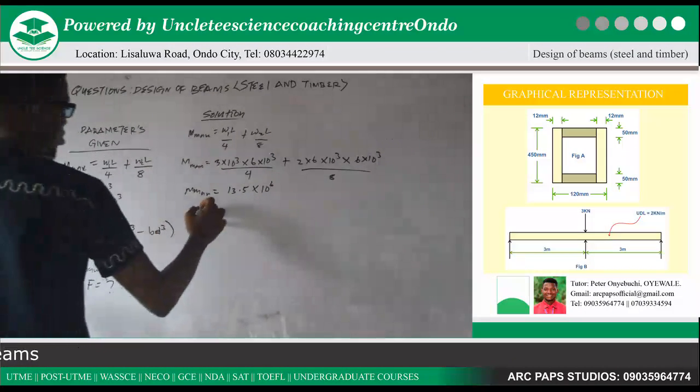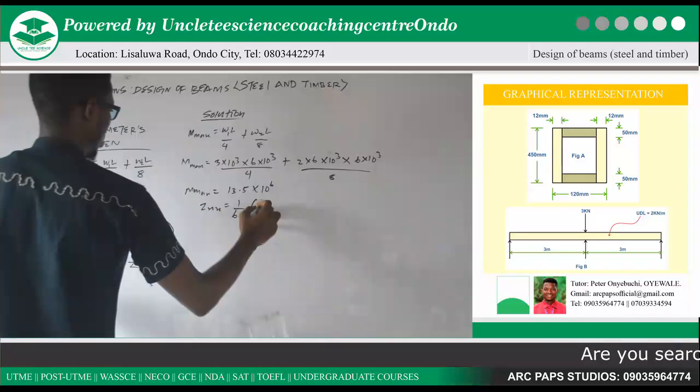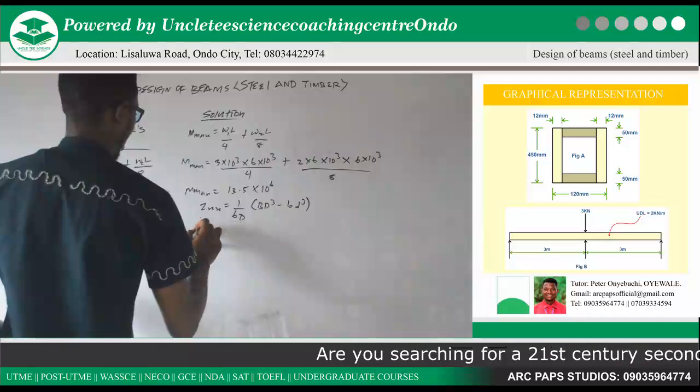Now, since our sectional modulus is given by this formula, our Zxx will then give us 1 over 6D times (capital B D cubed minus small b d cubed).